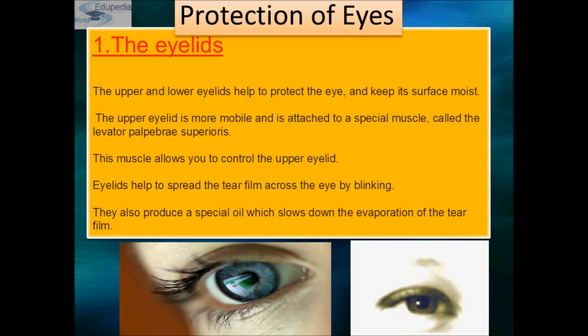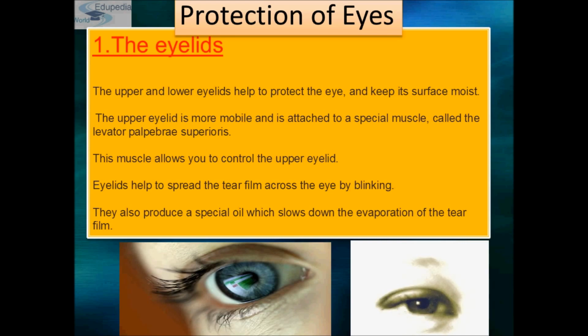So you can say that eyelid is a thin fold of skin that covers and protects the human eye. Each eye has 2 movable eyelids. Upper eyelid is more movable than the lower.